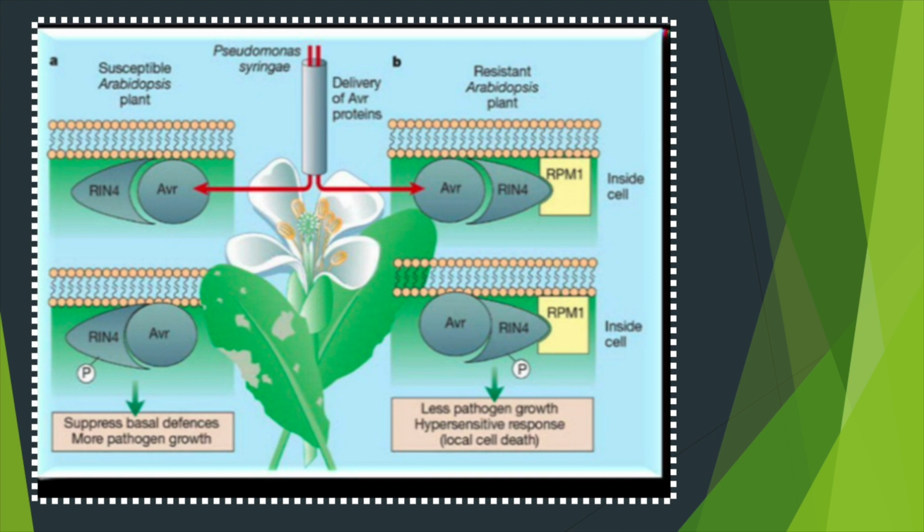So this is based on the presence or absence of certain proteins. Here it is the RPM1 protein, and the presence of the RPM1 protein will induce resistance to Pseudomonas syringae, whereas the absence of that protein will induce the cell death. So this is the response by which the plants will induce either a susceptibility response or a resistance response.